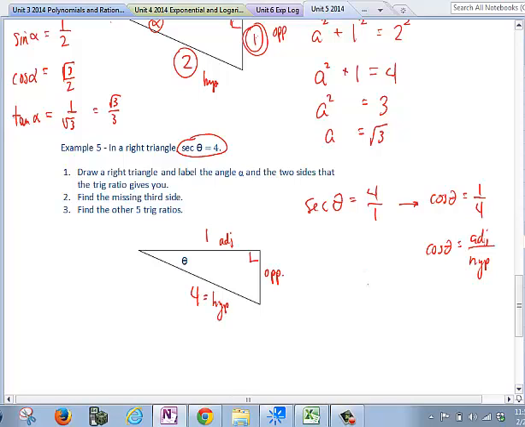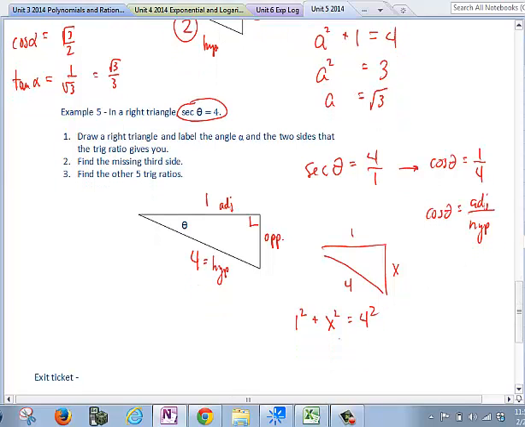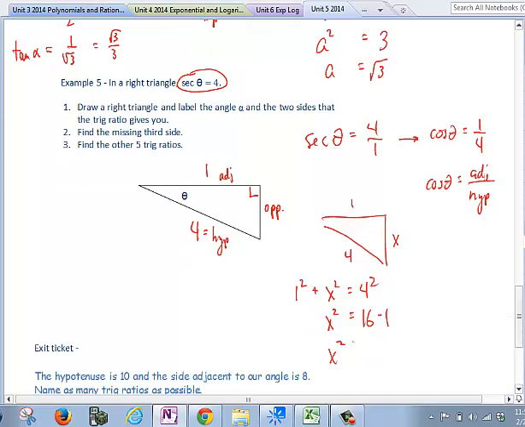So using Pythagorean Theorem, I have my unknown, I have 1, and I have 4, and I just would say 1 squared plus x squared equals 4 squared, and then I would solve for x squared equals 16 minus 1. X squared is equal to 15, or x is equal to the root of 15. So my opposite side is root 15.